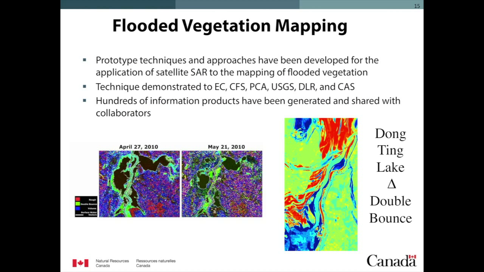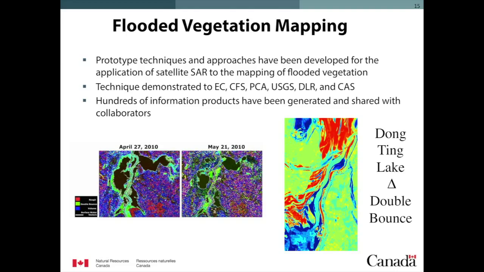And one of the things that we've been doing is we use a polarimetric decomposition approach, such as the Freeman-Durden decomposition, where we can identify surface, volume, and double bounce scattering. And the little diagram on the, I guess it would be your right, is from the New Brunswick area, and you can see between April and May a significant change in the surface water and in the flooded vegetation.